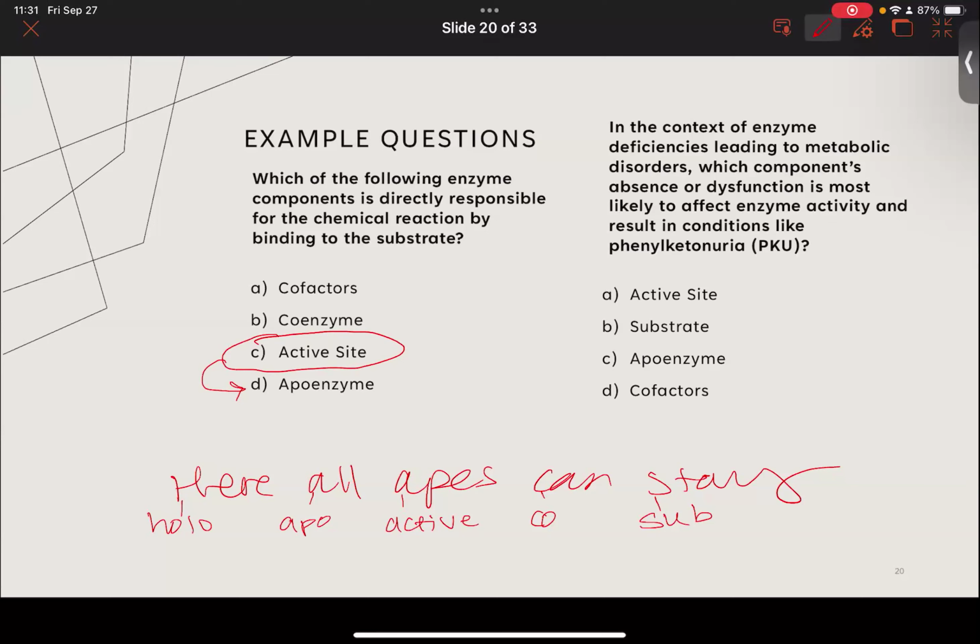All right, in the context of enzyme deficiencies leading to metabolic disorders, so low enzyme function due to metabolic disorder, which component's absence or dysfunction is most likely to affect enzymatic activity and result in conditions like phenylketonuria?